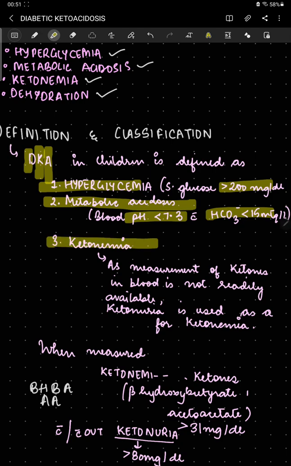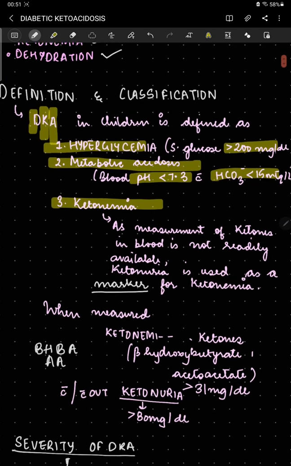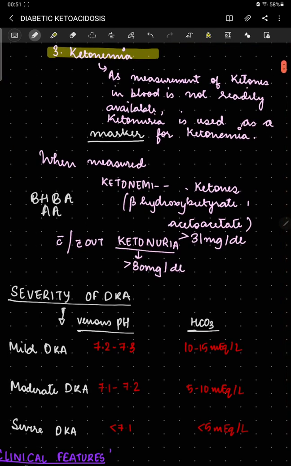Ketonemia, the measurement of ketones in the blood are not readily available, so we use ketonuria as a marker for ketonemia. Okay, so when measured, ketonemia, that is the ketone bodies in the blood, the major ketone bodies in the blood are beta hydroxybutyric acid and acetoacetate.